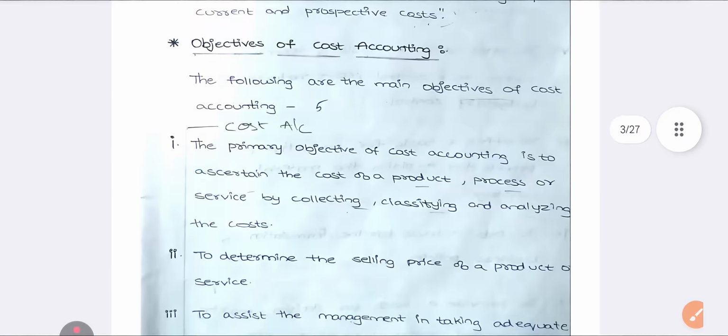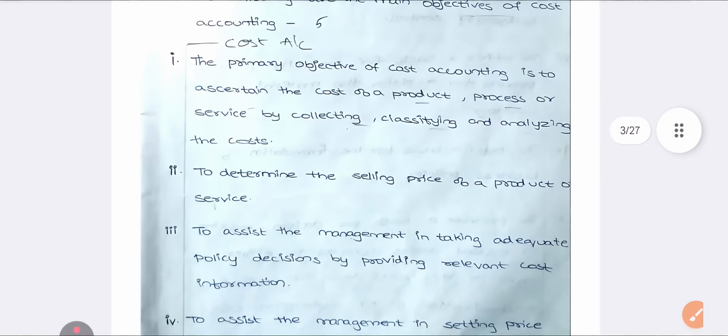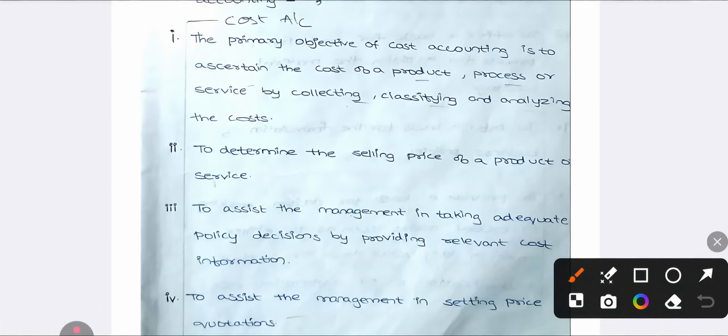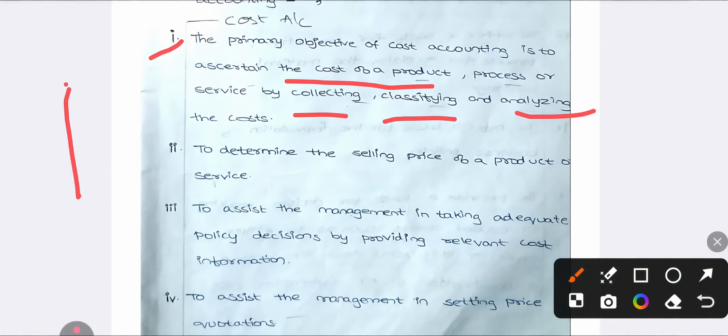So what are the objectives of cost accounting? The first objective, the primary objective of cost accounting, is to ascertain the cost of the product. Means you need to collect the costs, you need to divide them, you need to analyze how much. If you want to produce a pen, how much cost it is including is important.